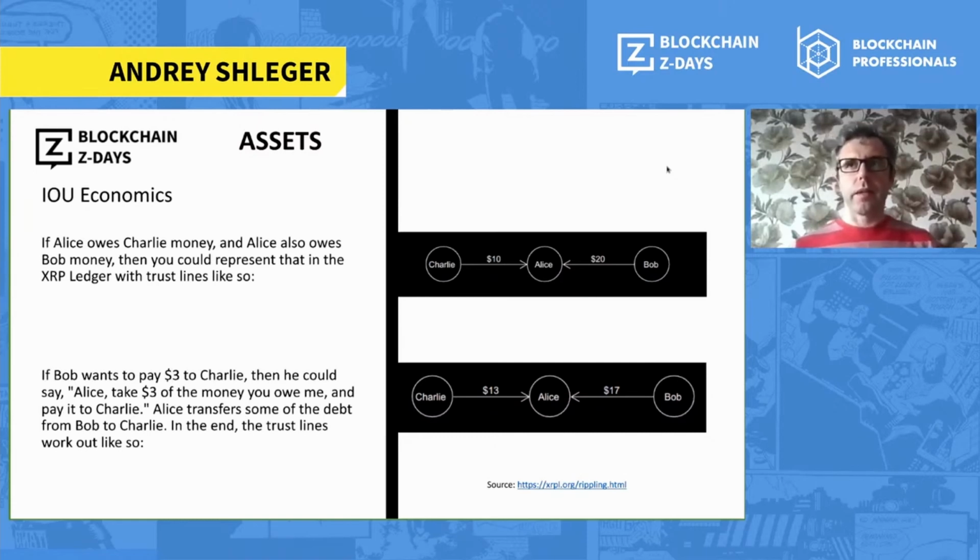Or it could be done transparently: Bob knew that Alice owed some money to Charlie, and from the money which Bob owed to Alice, some part is sent to Charlie, and this happens in one transaction. So there is no need for acknowledgement, it just happens on the blockchain, it's written down, and it's fixed. This is the main idea.